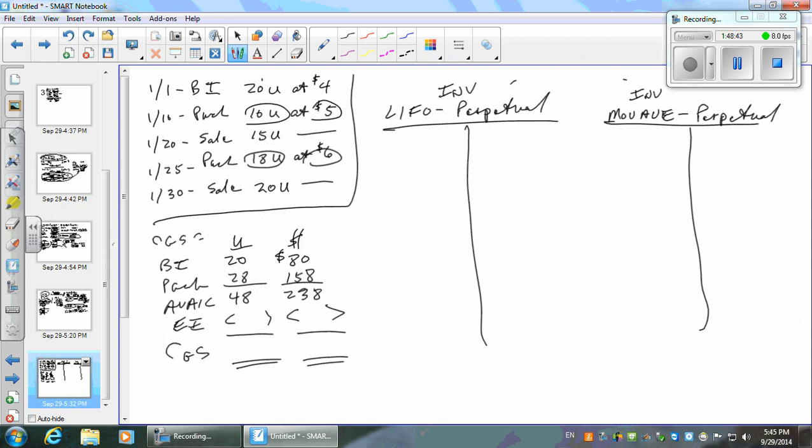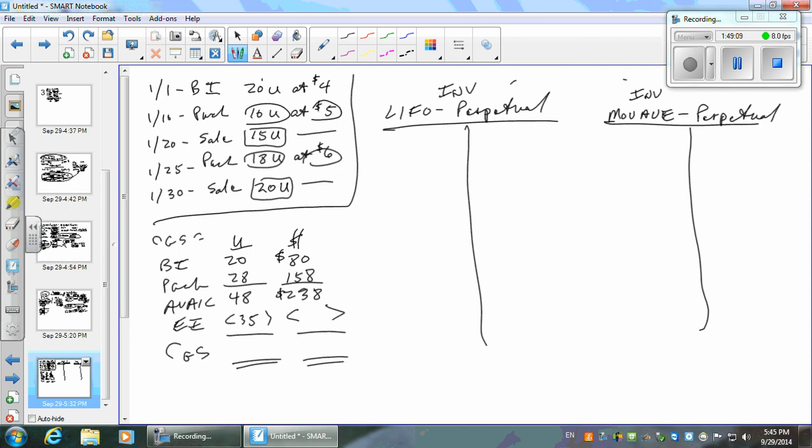Yeah. Okay, and then what I want to do is figure my ending inventory. Well, I sold 15 and 20 is 35, is that right? Yeah. So my ending inventory is how many? Did I do that right? I sold 15 and 20 is 35. I only bought 18 and 10 is 28.